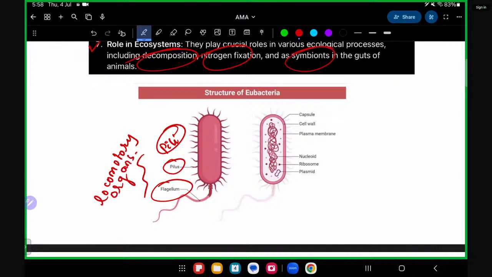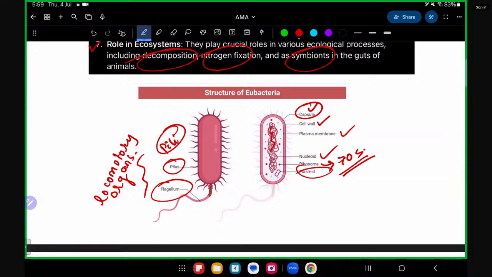Okay. Next, eubacteria contain a capsule. Then inside the capsule, it has a cell wall. Then inside the cell wall, it has a plasma membrane. Then the genetic material, that is the nucleoid. It contains ribosomes. Which ribosome? 70S ribosome, because it is a prokaryote.